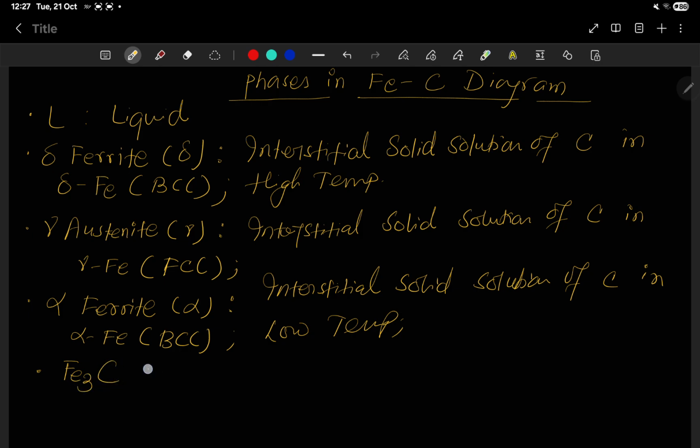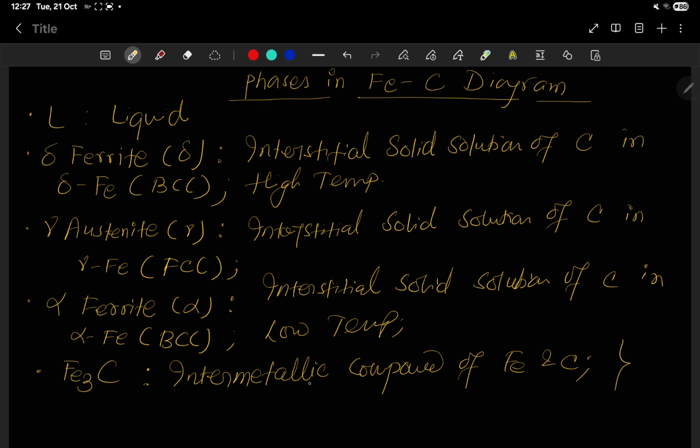And the last one was Fe3C. This is cementite. This is an intermetallic compound of iron and carbon, having an orthorhombic crystal system.